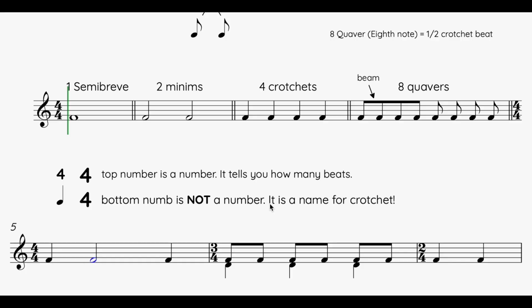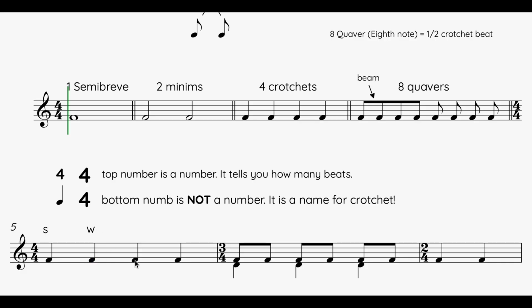So if we go back to 4/4 with crotchets, this is known as a strong beat. We'll put an S for strong. This is known as a weak beat. The third beat is strong and the fourth beat is weak.